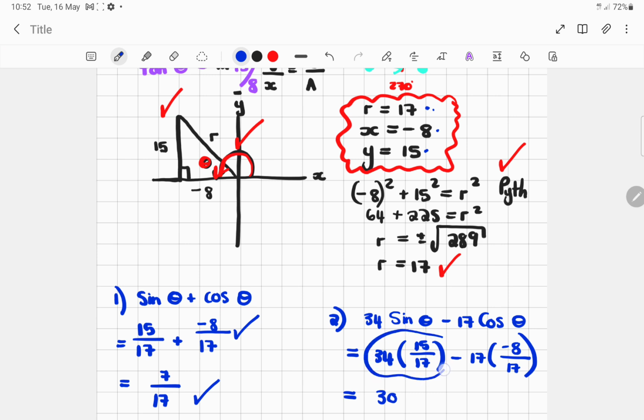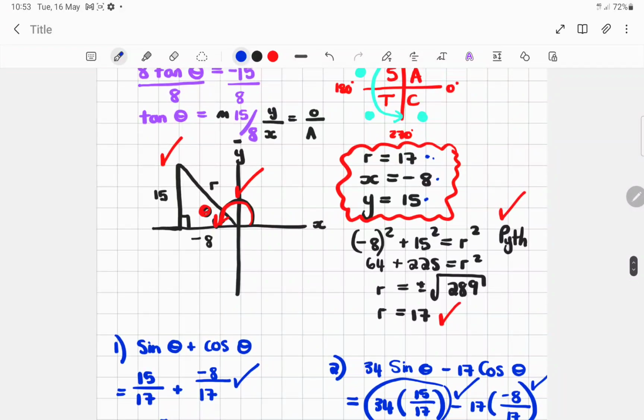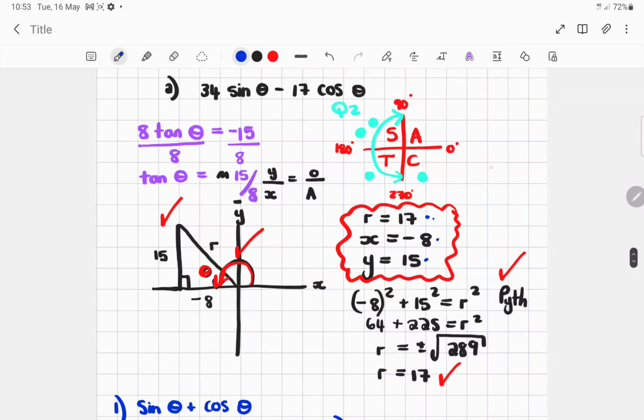Again, you are more than welcome to pop that in your calculator. And a minus 17 times negative 8 over 17 gives you minus 8, so you get 30 plus 8, which gives you a beautiful answer of 38. And over here, I think that will count a little bit more. I would say 1, 2, 3, 4, 5, 6, 7, 8, 9 marks in total.